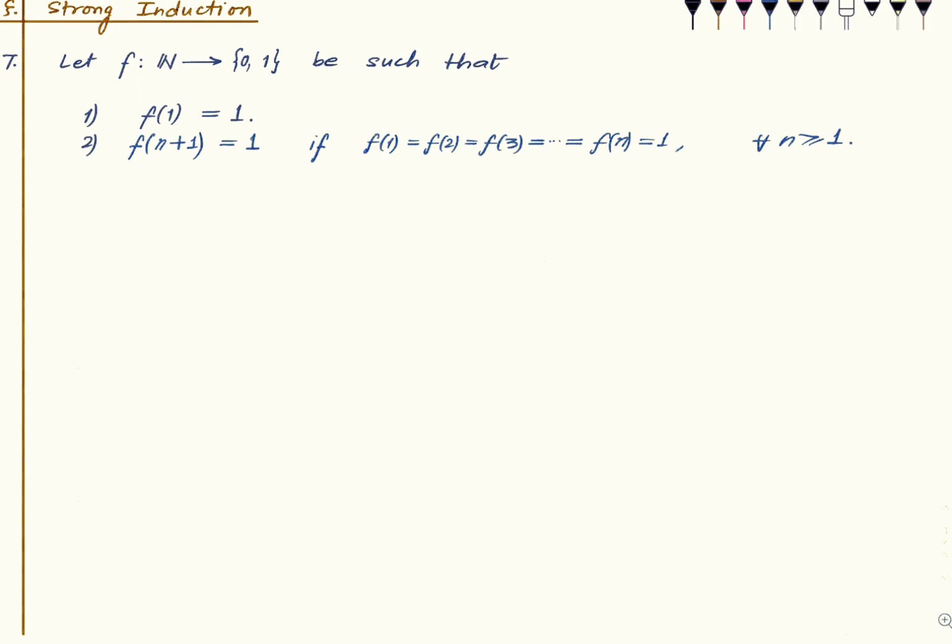So it may look like a stronger hypothesis, but this is a more useful statement than the weak induction. Here you are allowed to assume more. In the weak induction, we did not need to say anything about these. This was enough, but here we are saying much more. And the conclusion does not change. Then f is the constant function 1. So this is an exercise. Proof is an exercise using the well-ordering principle.